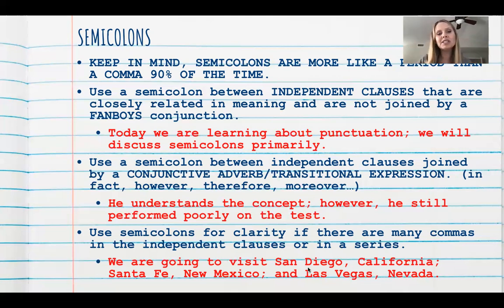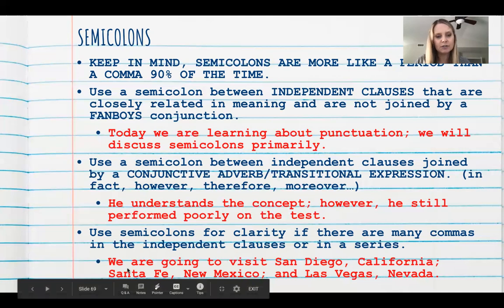I need the commas between the city name and the state name, but I want to make note that I'm only listing 3 places, not 6, which could be confusing if I just use commas everywhere. So I'm going to use a semicolon after each one so it's very clear that I have 3 places and not 6.